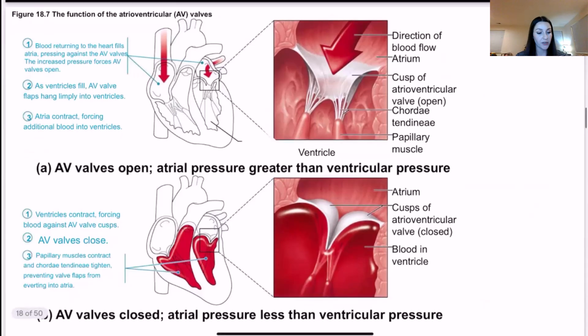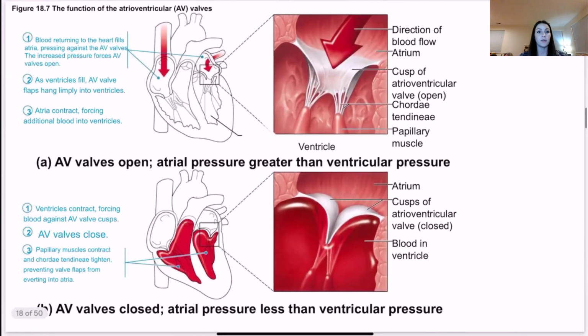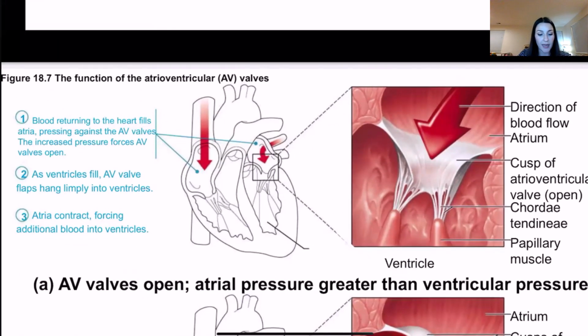So speaking of pressure differences, how does blood move through the heart? This is figure 18.7 in your text, talking about the AV valves and how they open and how they shut. I'm going to zoom in on our first panel here. The first panel is when the AV valves open. When the AV valves are open, that means a pressure gradient has been established.